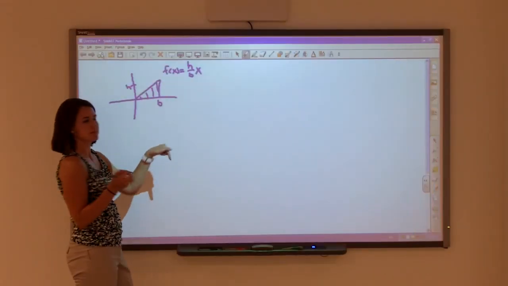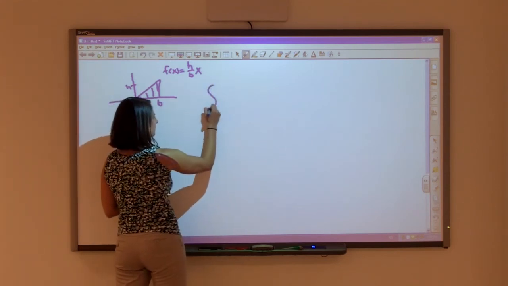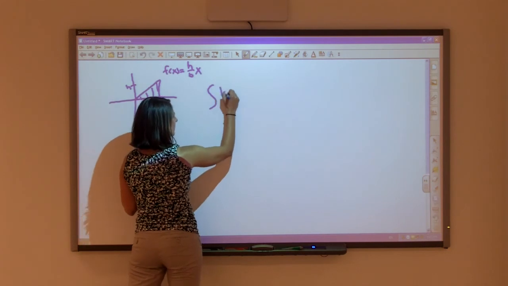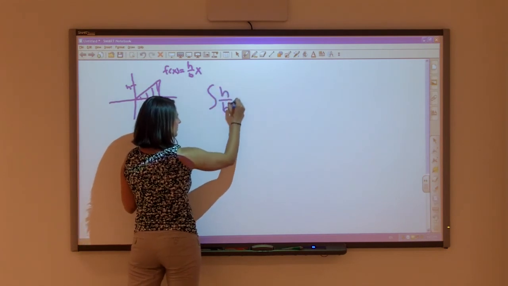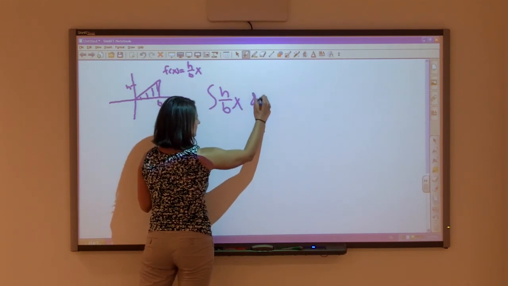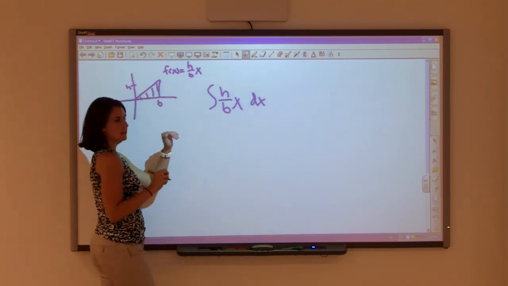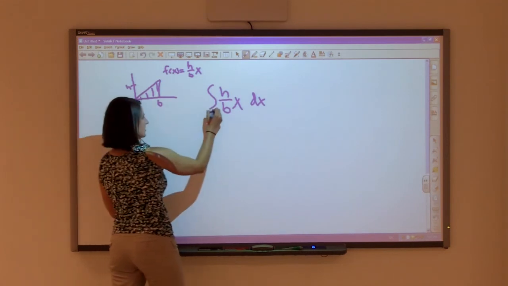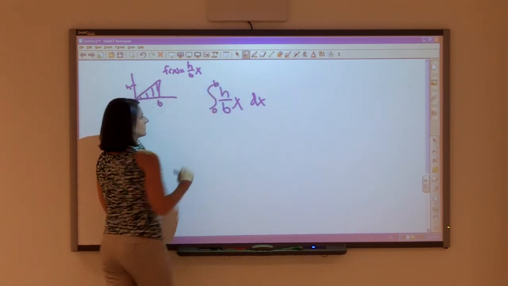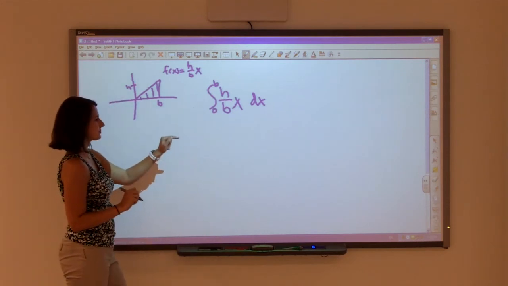So in integral form, this is what it's going to look like. We're going to find the antiderivative of h over b x dx between the bounds of 0 and b. These are x coordinates.